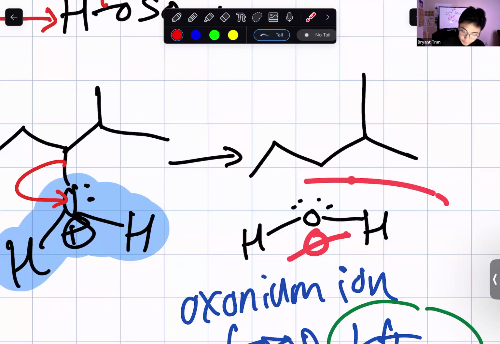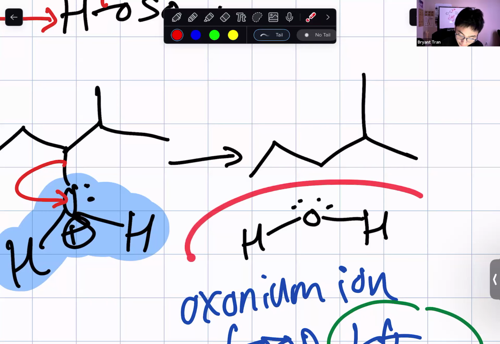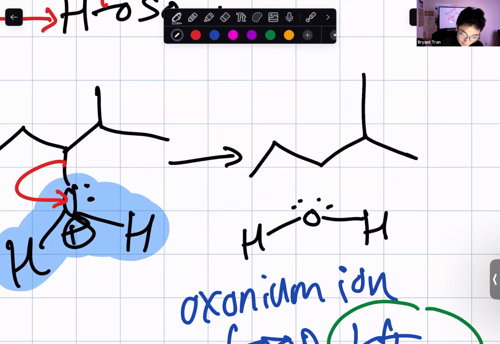And would you say this neutral molecule here is stable or unstable? Unstable would be something that is reactive, has a lot of energy, negatively charged, positively charged. But this overall molecule here is neutral. Think of it as neutral H2O. And this is H2O here.